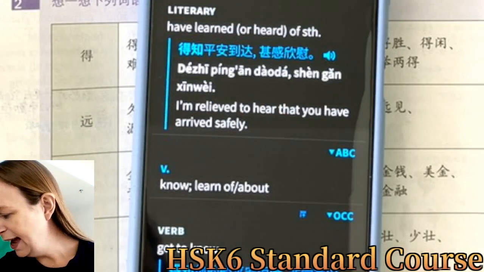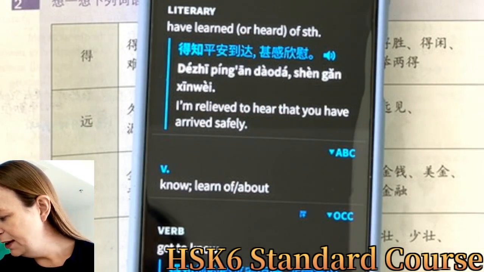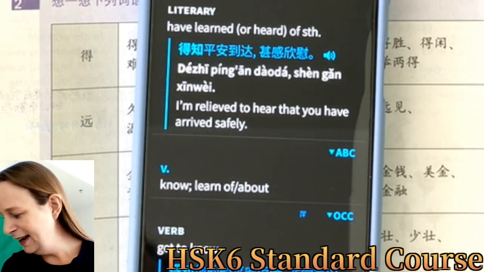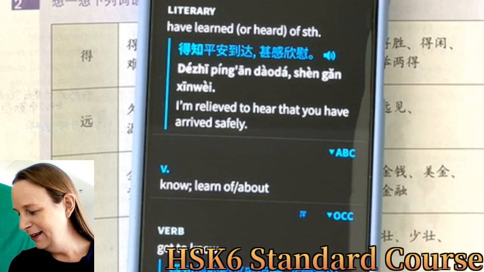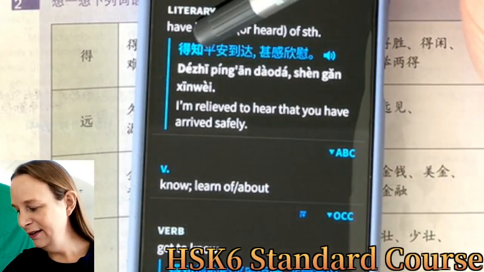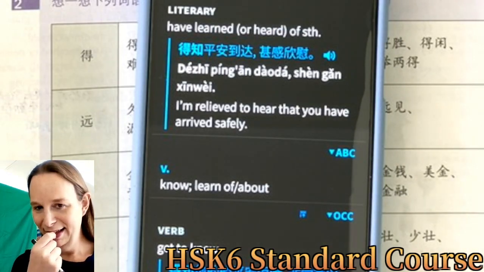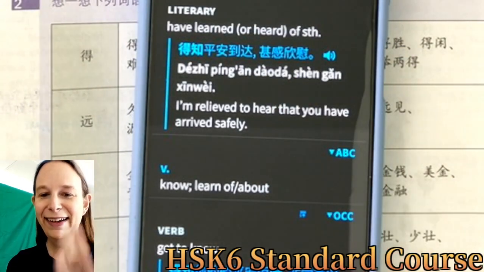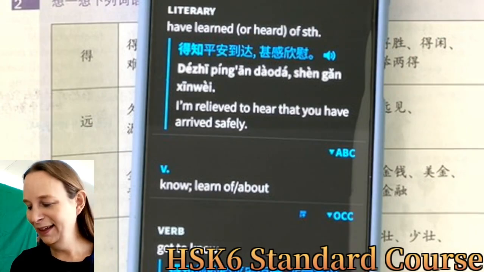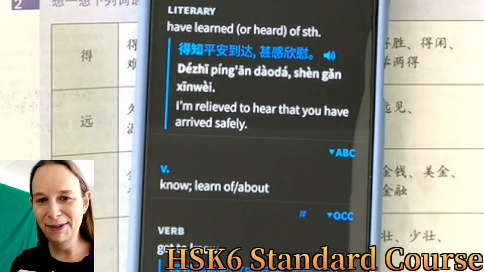得知平安到达，甚感欣慰。So this is one of these literary phrasings, which sometimes omit all the conjunctions and so on.